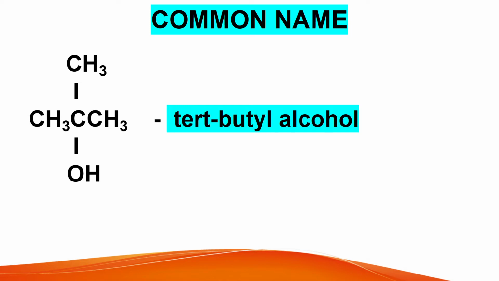And since we have 4 carbon atoms in this structural formula, the alkyl group is tert-butyl. Add the word alcohol, and so the name of this alcohol is tert-butyl alcohol.